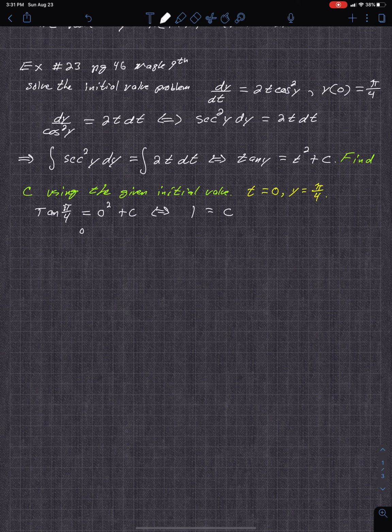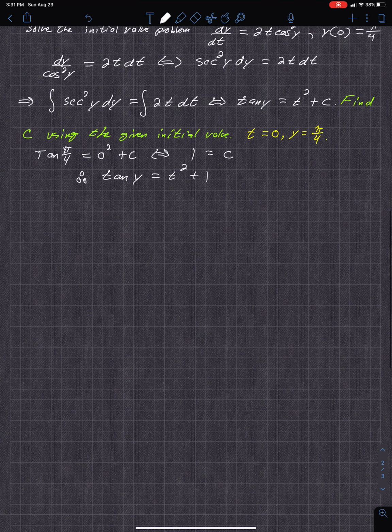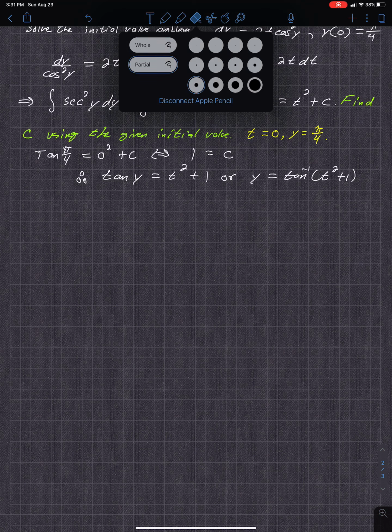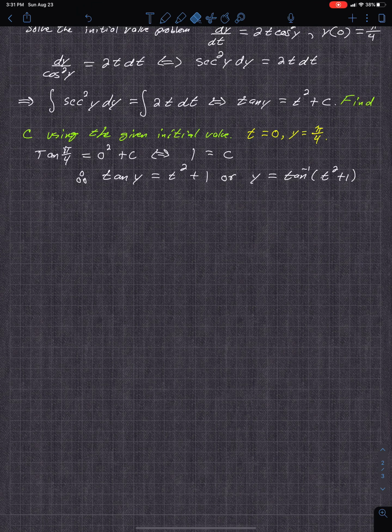Therefore, tan y is equal to t squared plus 1. Or, if you'd like, you can actually isolate y altogether and say y is arctan, or tan inverse, of t squared plus 1.